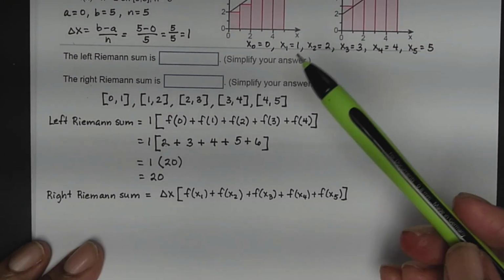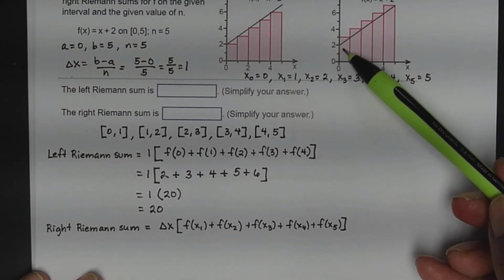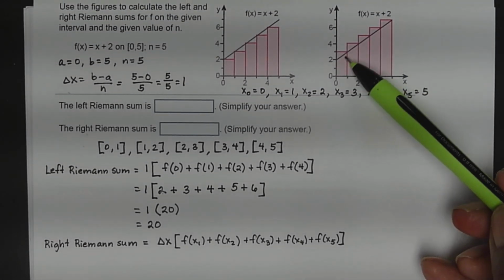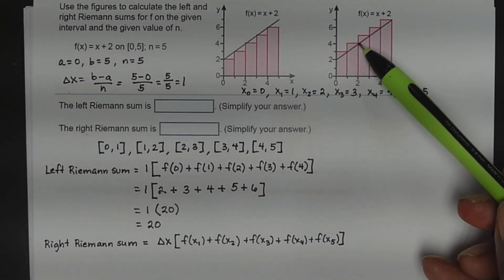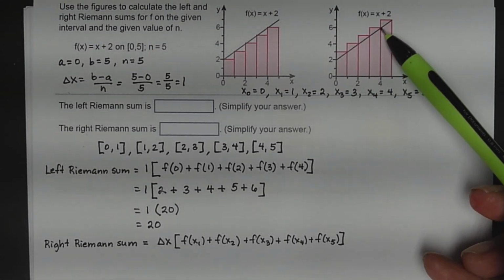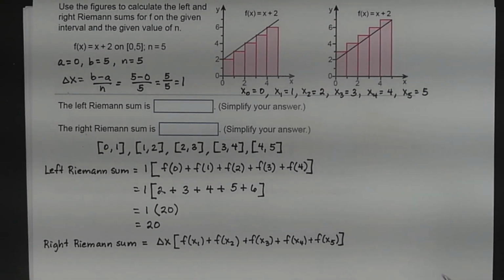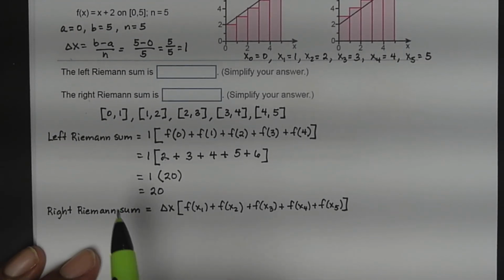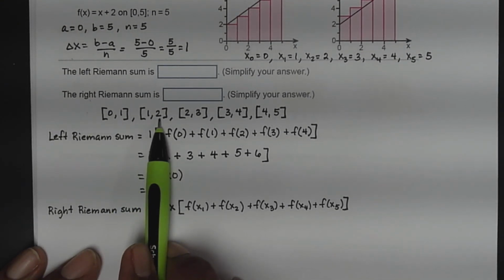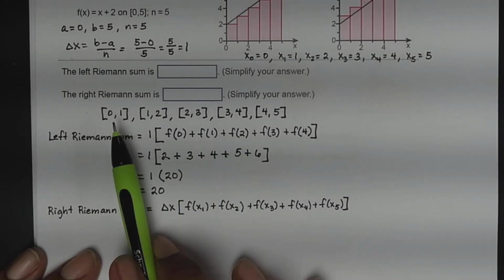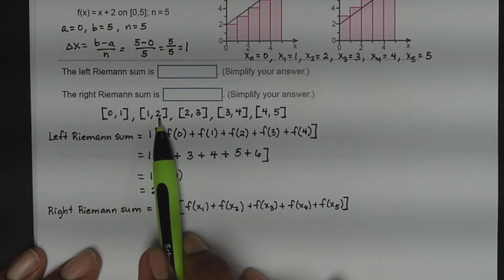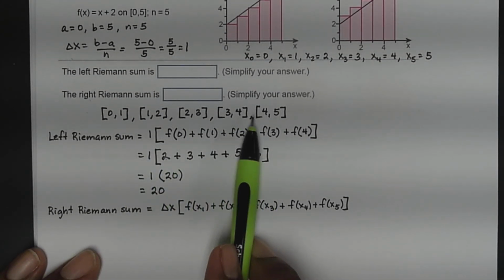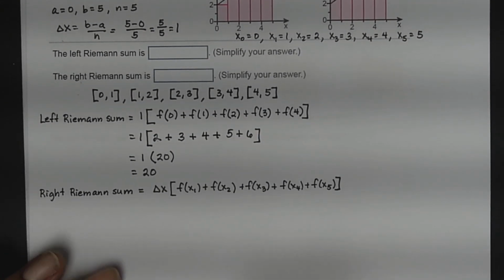In this case here, notice in this graph here on the right-hand side, this graph touches each right vertex of each of those rectangles here. Okay? And if you were to look at your right endpoints on each of these sub-intervals, you'll see that it's going to be f of 1, f of 2, f of 3, f of 4, and f of 5.